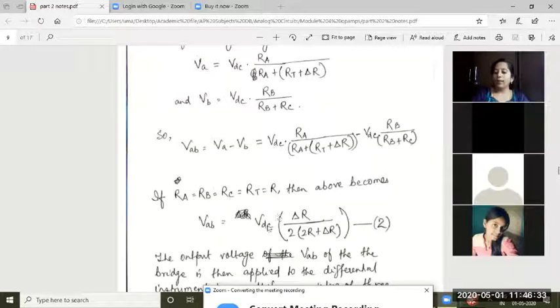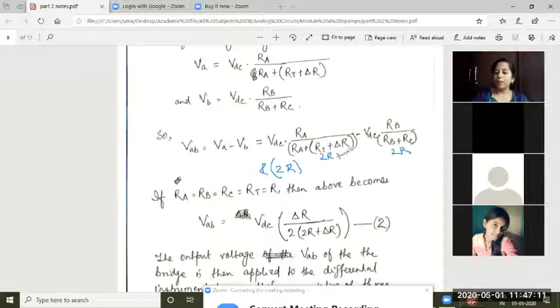If I take VDC as common outside and use the LCM for these two terms, I will have R into 2R, because this value will be 2R and this value will be 2R plus delta R, correct?